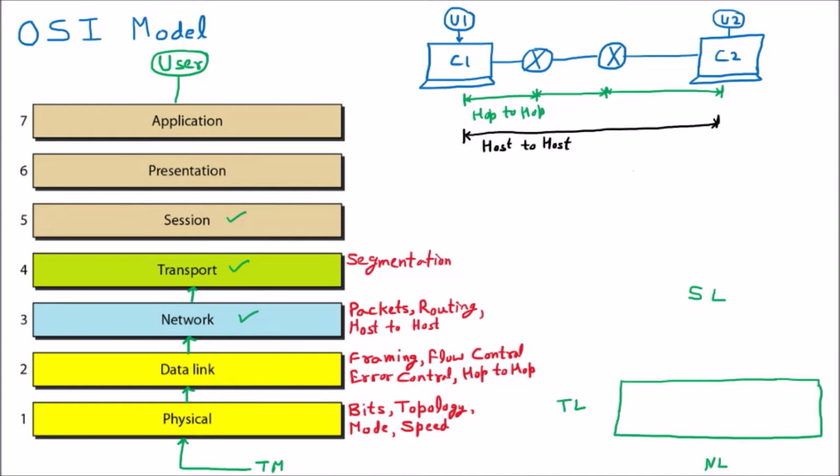Also, there we have process to process delivery plus flow control and error control. The flow control and error control is the functionality of the data link layer as well as the transport layer.